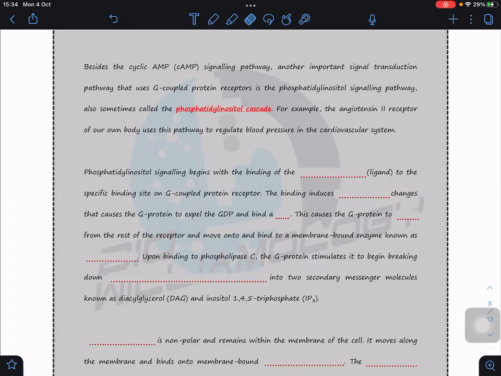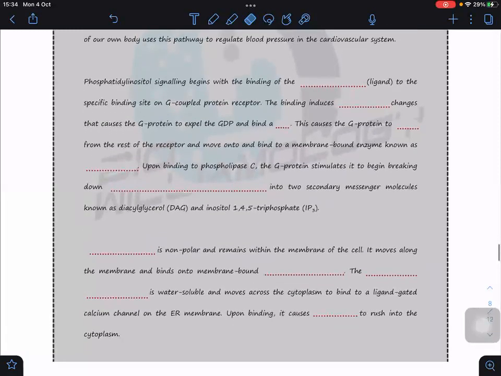Okay, so Phosphatidyl Inositol signaling begins with the binding of the primary messenger, or the ligand, to the specific binding sites on the GPCR. The binding induces conformational changes, still the same. That results in the G protein expelling the GDP and binding with GTP, still the same.